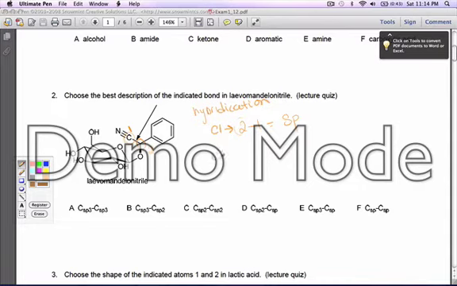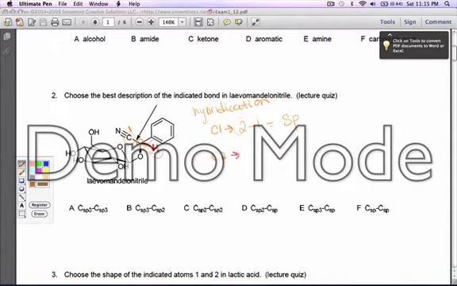Now if we look at carbon number 2, it is attached to one carbon, another carbon, an oxygen, and a little sneaky hydrogen over there. And this is where they are going to try to trick you, is the hydrogen that is not drawn in.